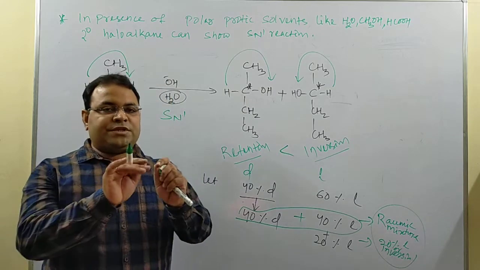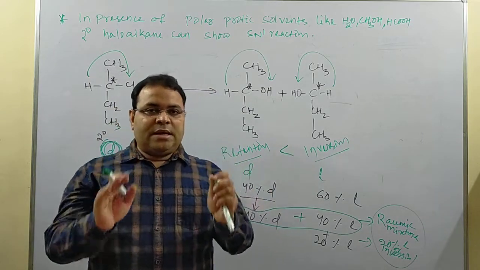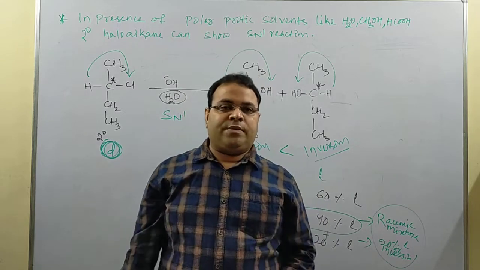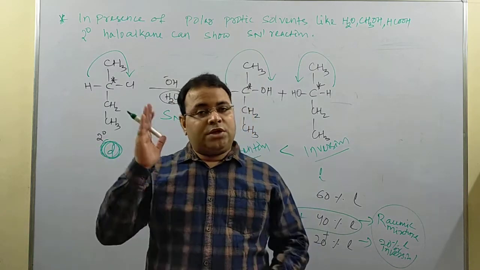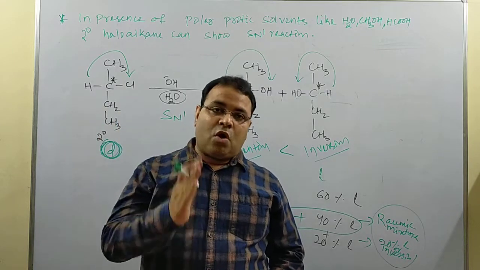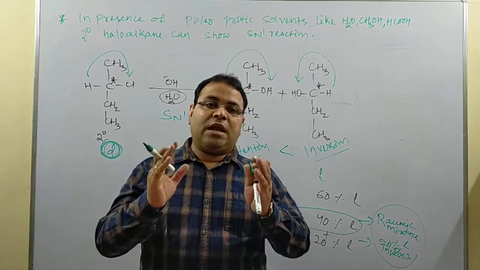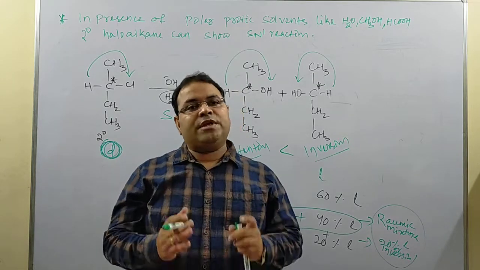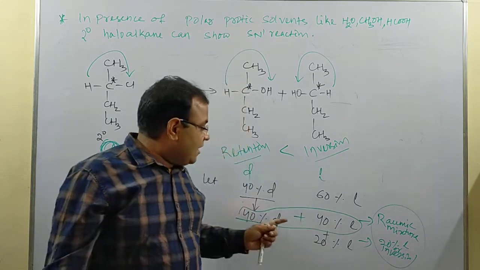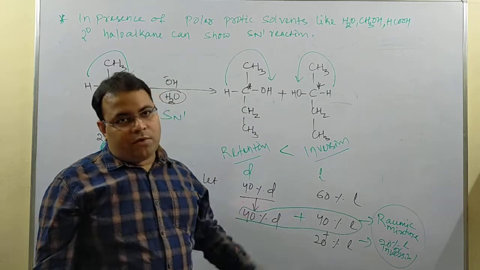So if the statement is that SN1 reaction always shows racemic mixture and inversion, it's a wrong one. Why? Because in the previous example, tertiary butyl chloride, that molecule is not chiral, not optically active. In that case we can say inversion and retention, but it will not give a racemic mixture, because what is a racemic mixture? That is an equimolar mixture of D and L form.